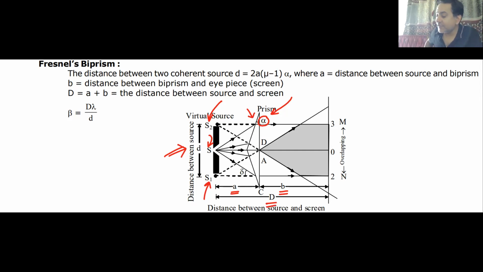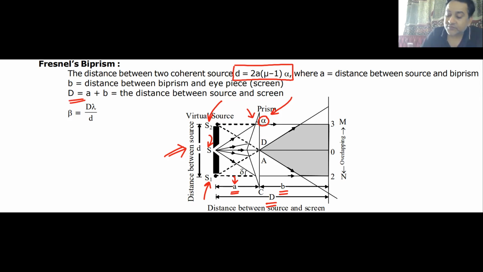Total distance is capital D. And the distance between the two sources is given by this formula. So please draw this diagram and mark these things. Distance between the two sources is 2a(mu minus 1)alpha, where a is the distance of the prism, alpha is the angle of the prism.